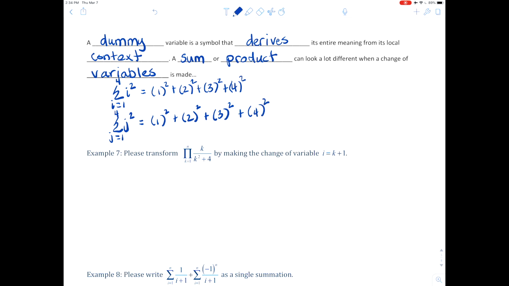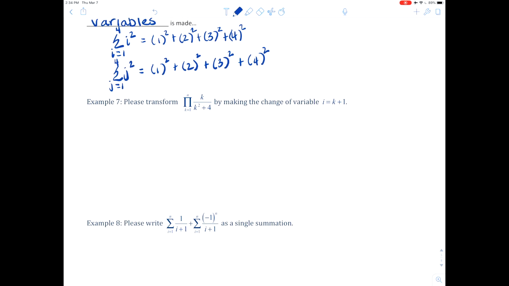And so we will often use dummy variables so that, for example, in an integral that has a variable in it, like with the second fundamental theorem of calculus, the integrand would have a different variable, but it's really just a dummy variable in there.